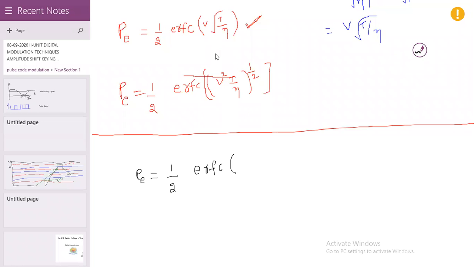My screen is visible to you? Please respond. Okay, ma'am. So in the previous class we derived this equation.